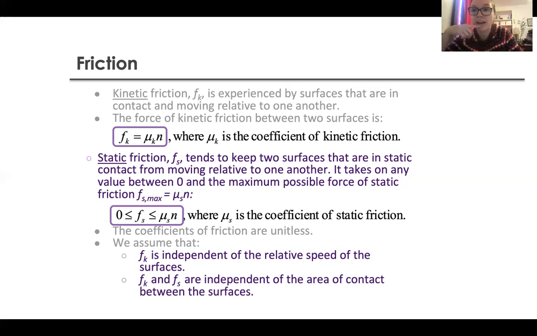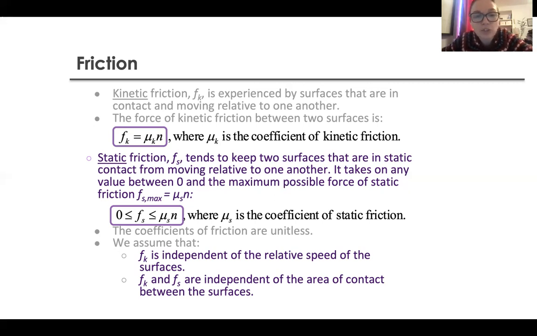Suddenly, I don't have static friction anymore. I have kinetic. So the tipping point, from where it just starts to move, is when static friction is at a maximum. It's going to be equal to the coefficient of static friction, which is similar to the coefficient of kinetic, still just a number between 0 and 1, times the normal force.